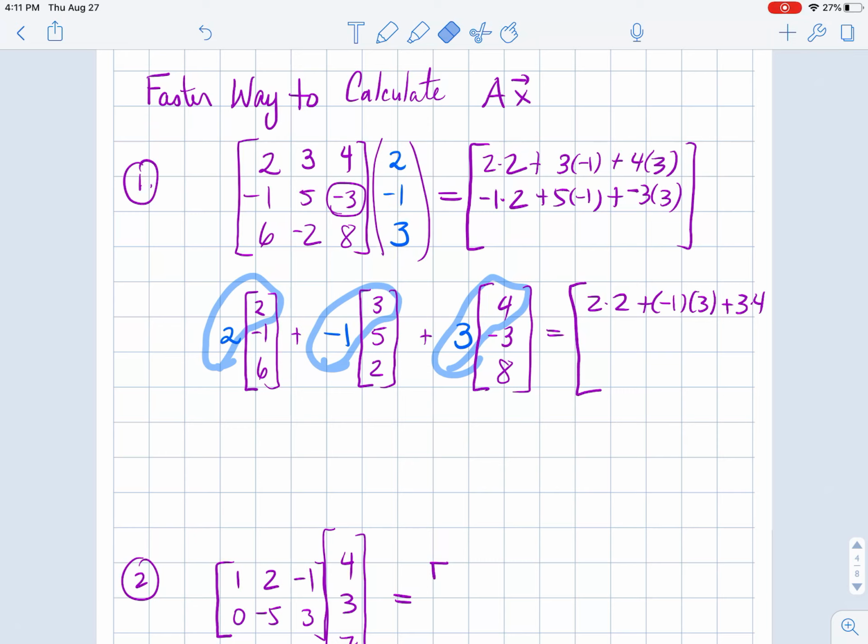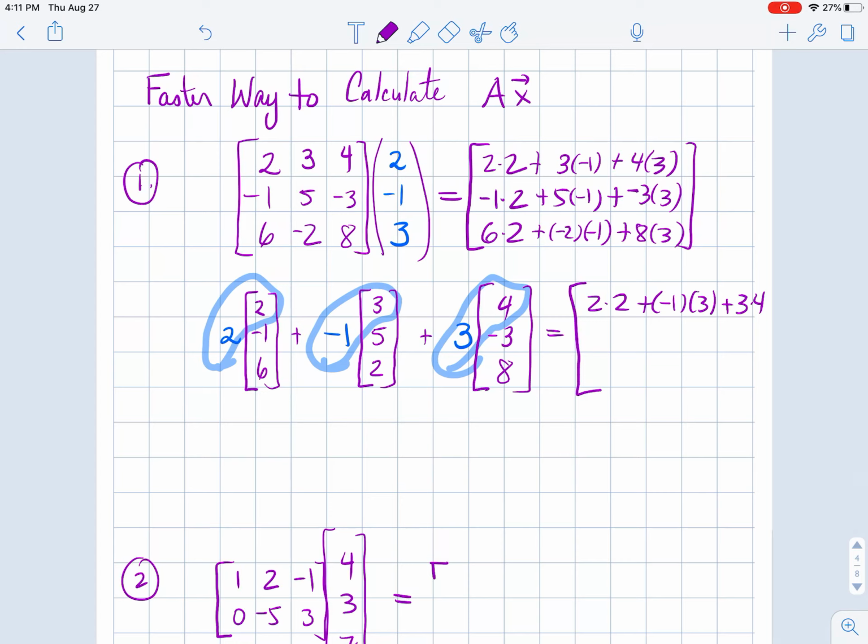And now finally, let's do the bottom row. I'll show you the way I really like to think about it. I like to think about it with some sound effects. I like to go swoosh, swoosh. I imagine that as I'm doing this row by this column, the corresponding parts get multiplied together. So in my head, when I'm doing that swoosh, I'm thinking 6 times 2 plus -2 times -1 plus 8 times 3.